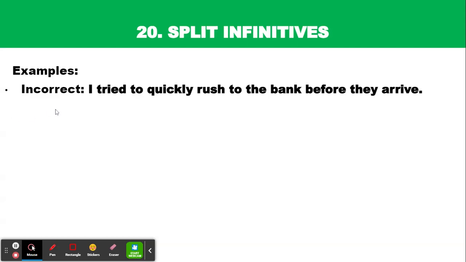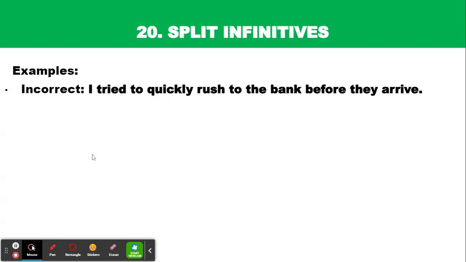For example, it is incorrect according to grammarians to say, "I tried to quickly rush to the bank before they arrive." Quickly rush, you know. Now, it's split because I tried to do what?